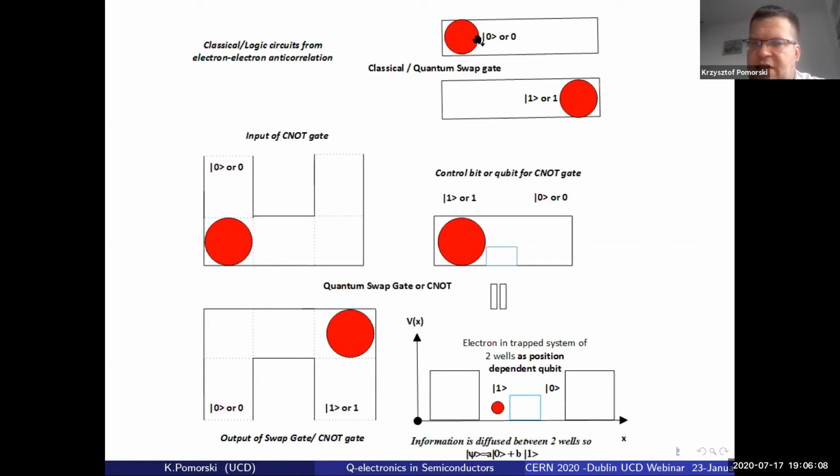So obviously this system can also implement a quantum swap gate. In very similar fashion, you can construct a controlled NOT gate. So this is like a NOT gate. So the controlled NOT gate is again the same concept.